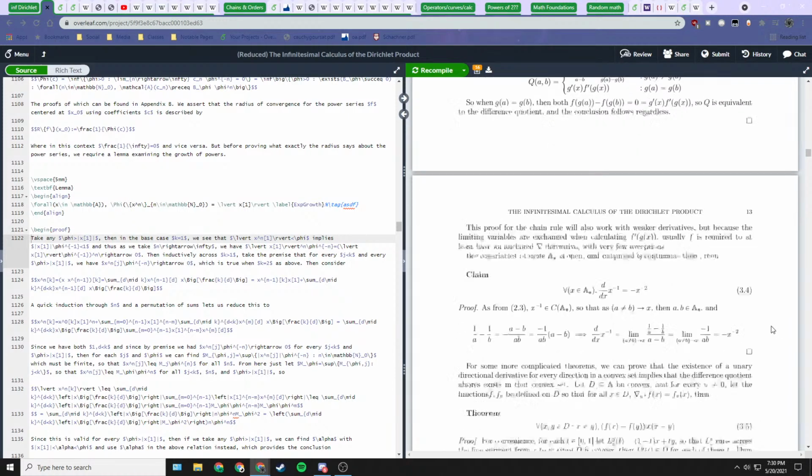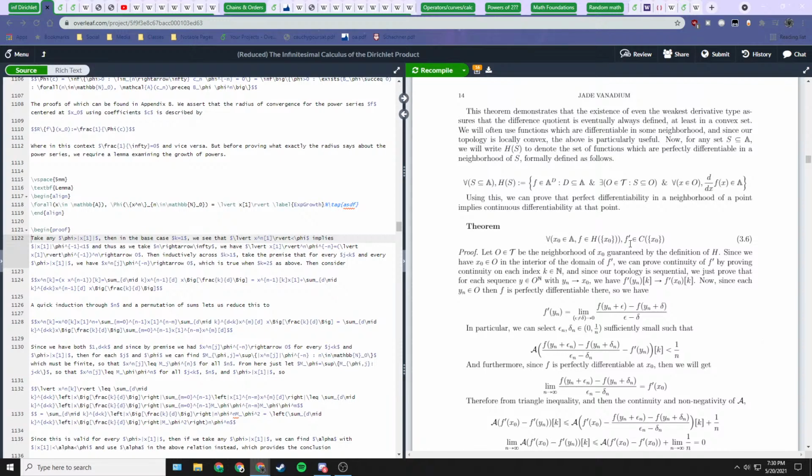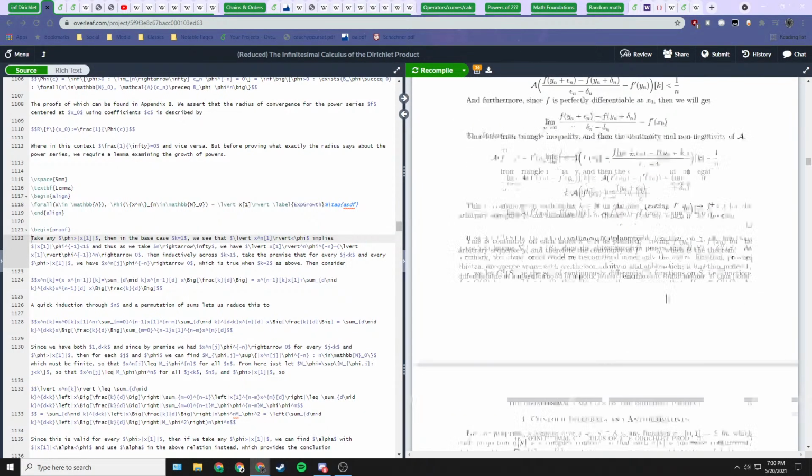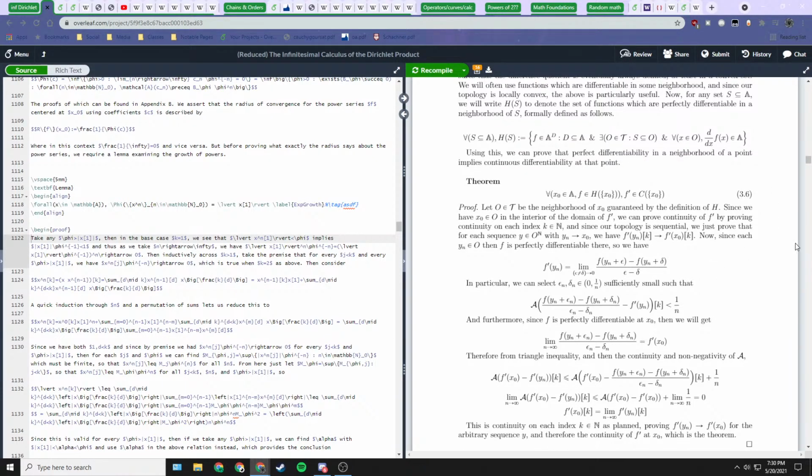One of the properties we use is that if you have that sort of differentiability, then you actually get continuous differentiability, or that the derivative is continuous in a neighborhood of any point where it's differentiable in a neighborhood.